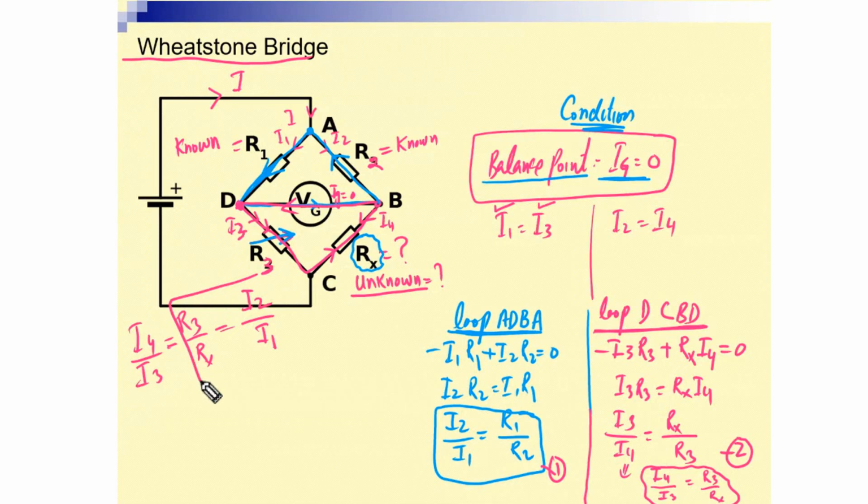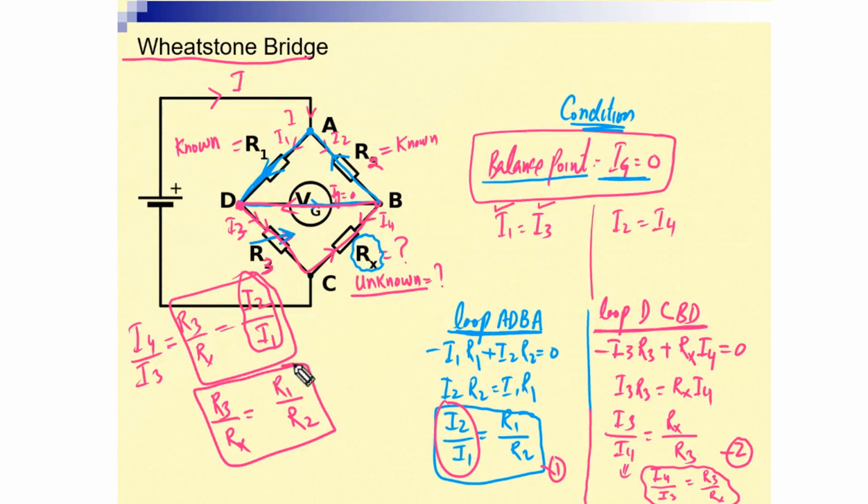Now if you look at this side and this side, they are equal. So simply we can say that R3 by Rx is equal to R1 by R2. So this is a formula we can figure out from here.